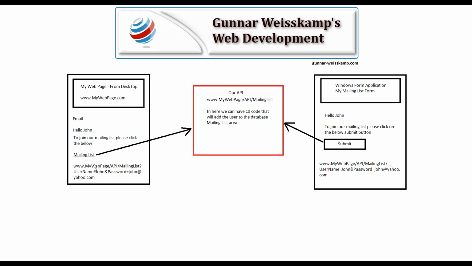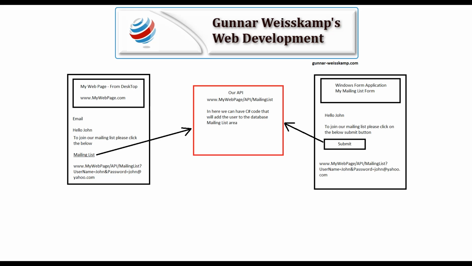So when it hits the Web API area, it'll go into the database and say, John, this username with this password has said yes to be on our mailing list. For me, this is a very commonly good way of using a Web API, because you have no interface. All the information is going to be used by a URL, and it's also pretty easy to program and to create.